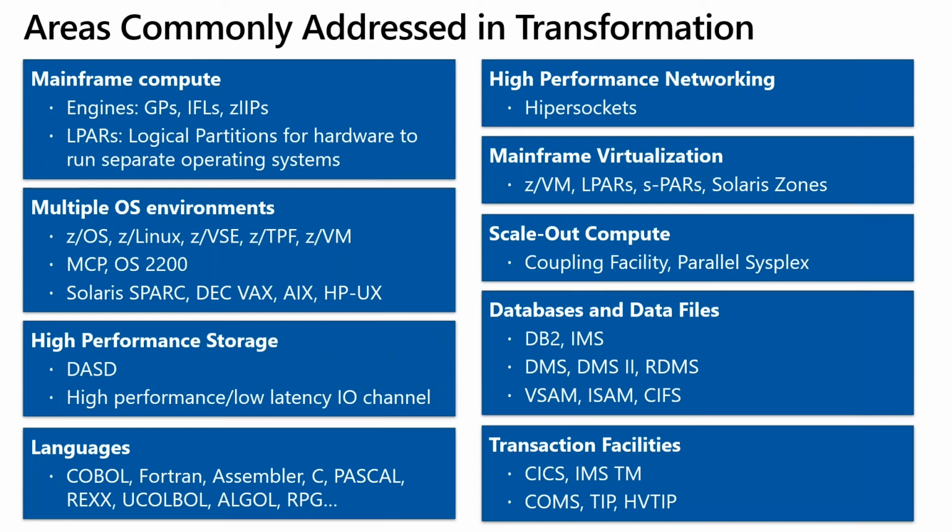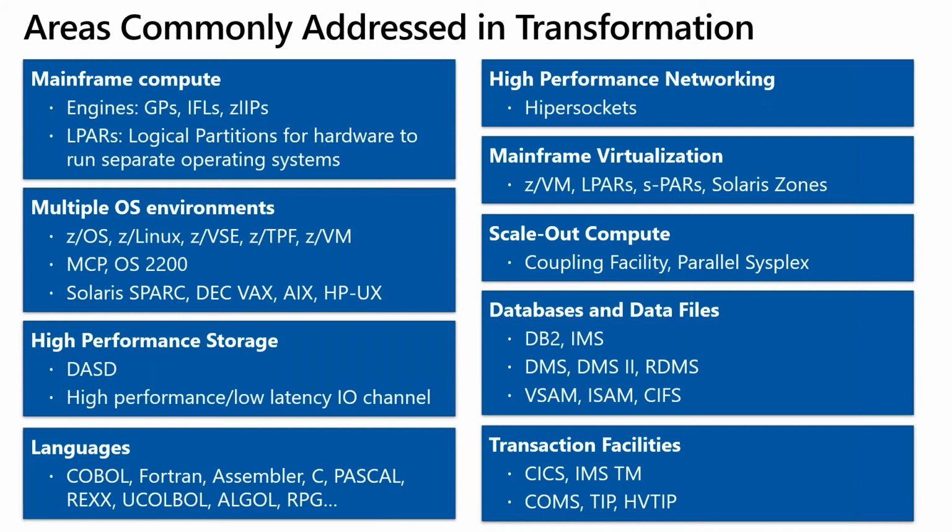We look at LPARs, the logical partitions that allow multiple versions of the operating system to run. Well, guess what? VMs in Azure will give you that capability, or even more modern, you might want to do that within containers running in Azure, deployment to something like Kubernetes with AKS. Again, there are different operating systems, so each one of them needs to have a correspondent. We need that kind of high performance storage.